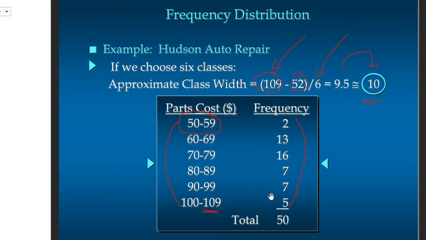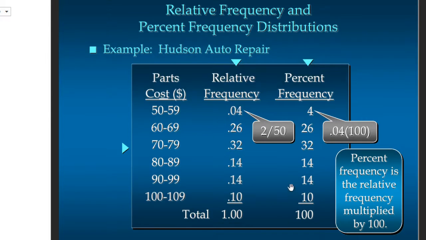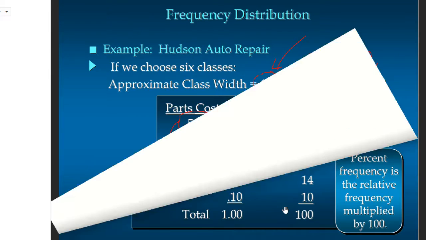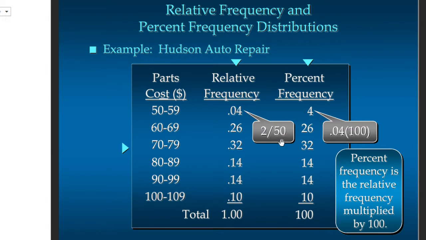Now, once you get this frequency table, you can get the relative frequency table. So where do they get this 0.04? Well, there were 2 out of 50, right? So 2 divided by 50, then you get 0.04.